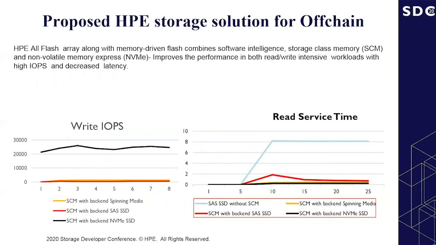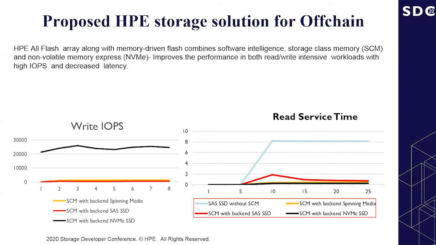So we have plotted this graph, and as you can see, the first graph is the throughput for the write intensive workload. The IOPS for the NVMe storage class memory with backend NVMe drives is the highest, which is plotted in black, in comparison to the SAS SSDs and the spinning media.